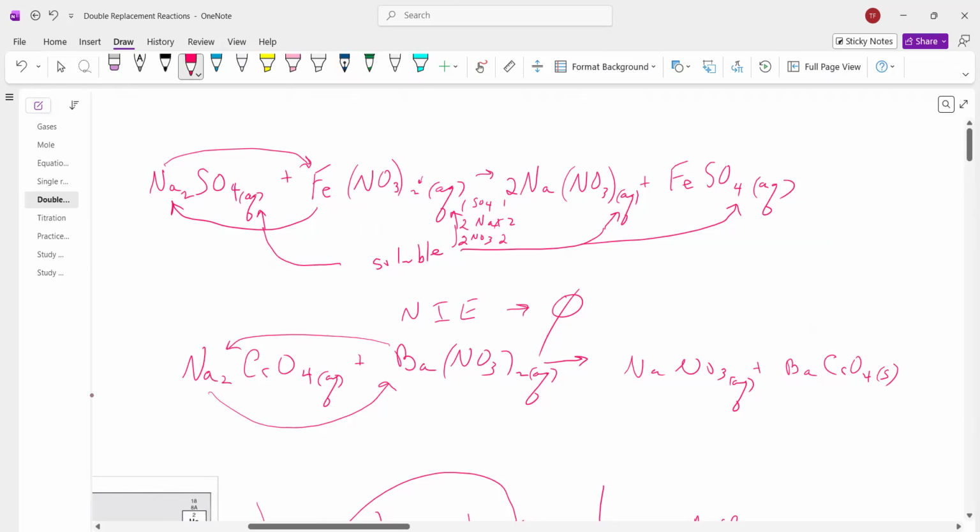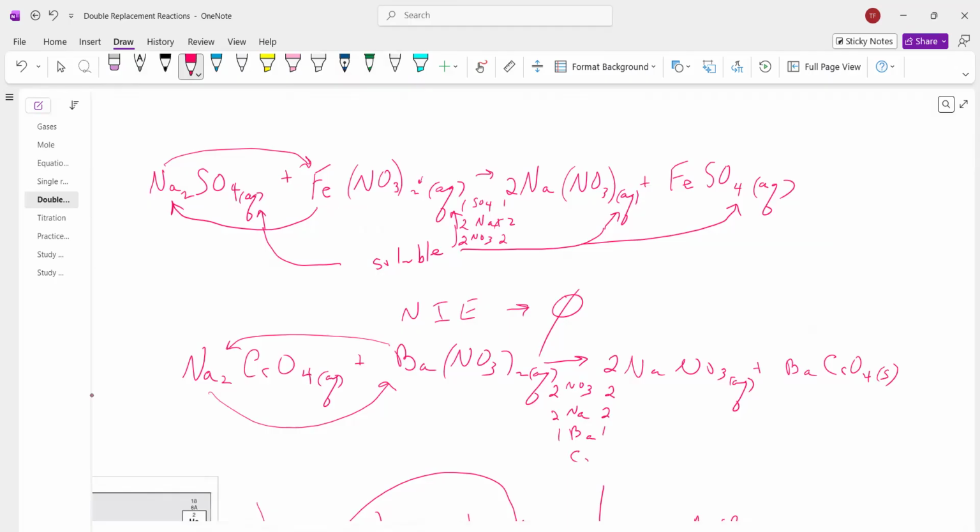Okay, is it balanced? No. How many nitrates do we have on the left? 2. We need 2 on the right. Now we have 2. Sodiums, 2 on the left, 2 on the right. Barium, 1 on the left, 1 on the right.